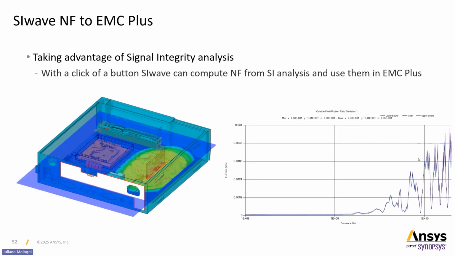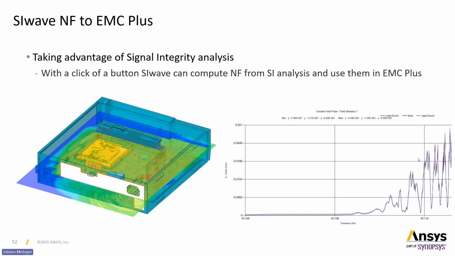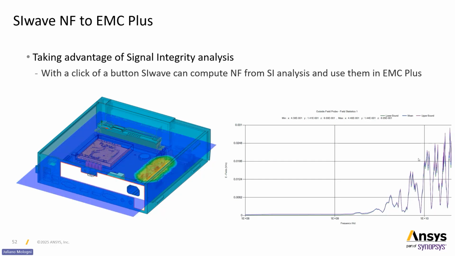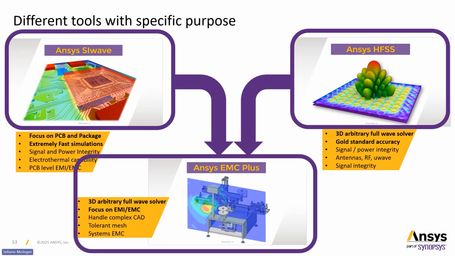We have a cable in there that is actually capturing the noise that you can see in here, but then you have the radiated fields, now with the harmonics from the digital signals from SIwave, but also the resonance from this cavity, right? So that's a very interesting workflow. With a click of a button, you generate SIwave results, and in a few minutes, you set up this model in EMC Plus and run the simulation.